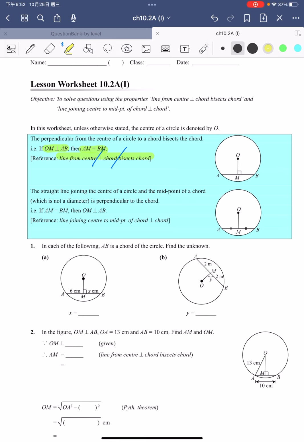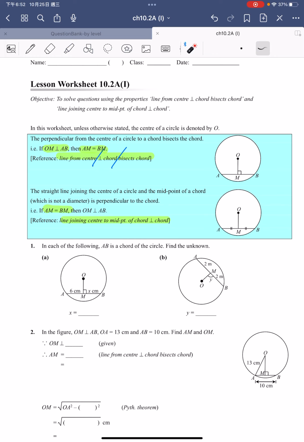And the second theorem is: the line joining the center to the midpoint of the chord is going to be perpendicular to the chord. So if we have a line joining from the center to the midpoint of this chord, which means that AM is equal to BM, then this line is going to be perpendicular to AB. So the first thing that happens here is AM is equal to BM.